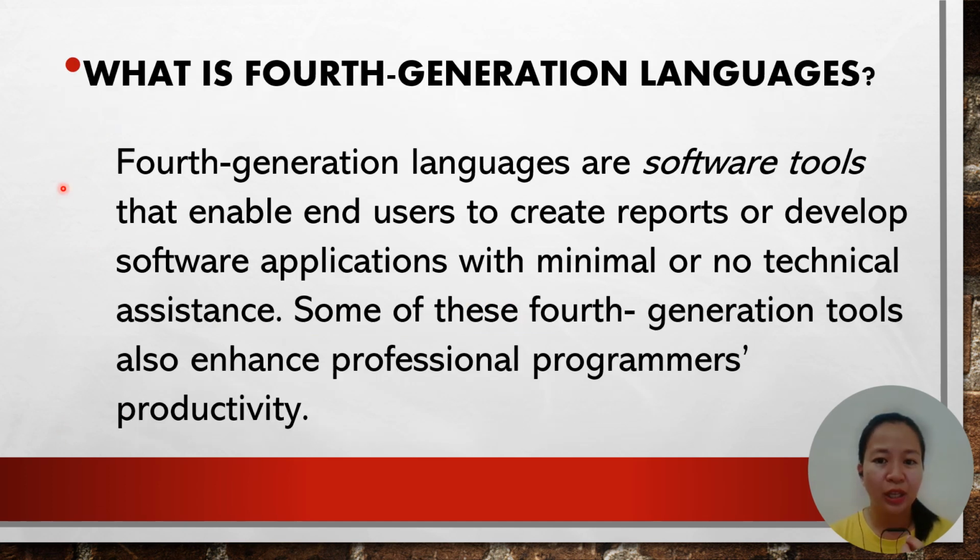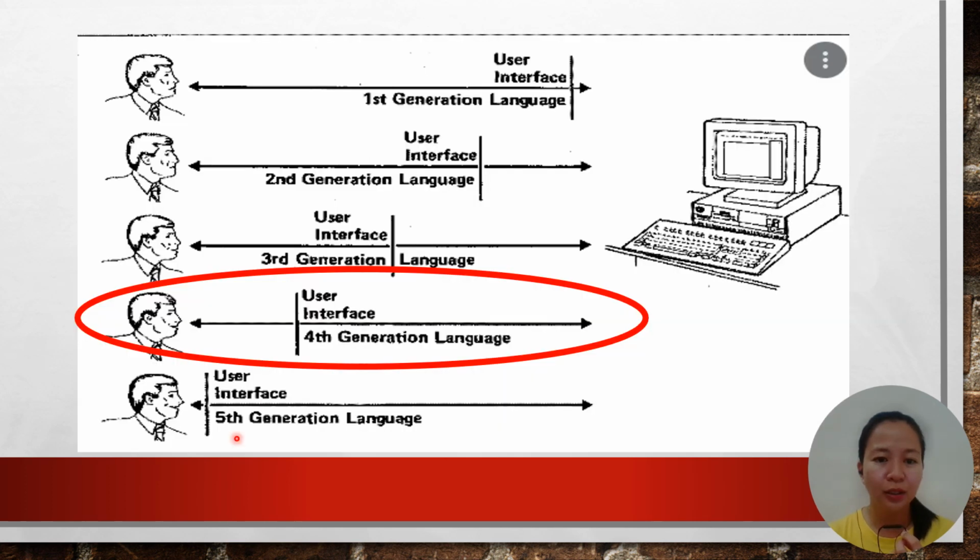So, what are fourth generation languages? Fourth generation languages are software tools that enable end users to create reports or develop software applications with minimal or no technical assistance. Some of these fourth generation tools also enhance professional programmers' productivity. So, here is an example of fourth generation languages.